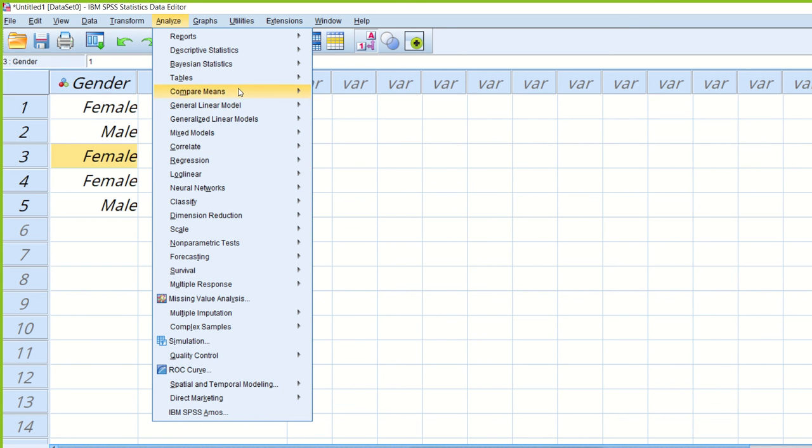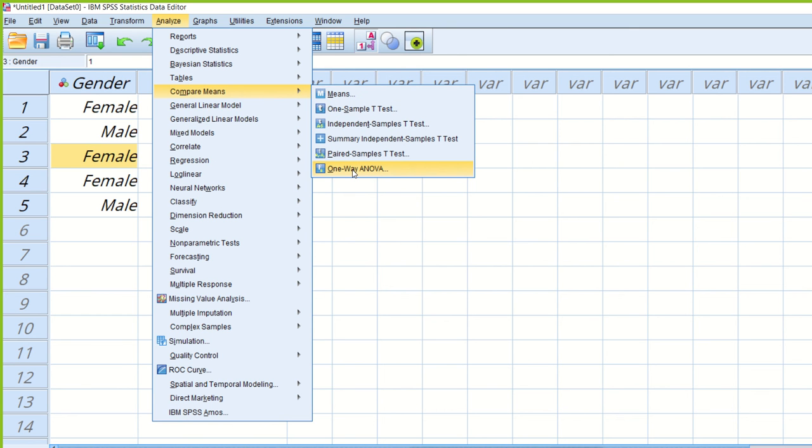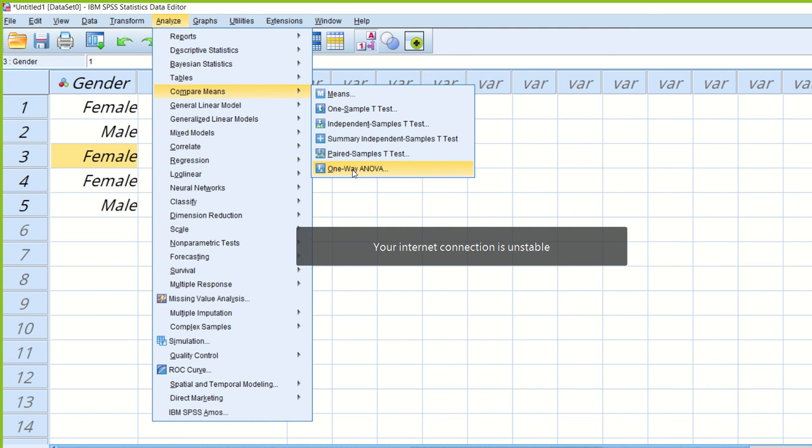And we also have here one-way ANOVA compare means. We have seen these ones. And this is for 3 or more groups, okay? If you are going to compare, let us say, different groups in a different study, okay?